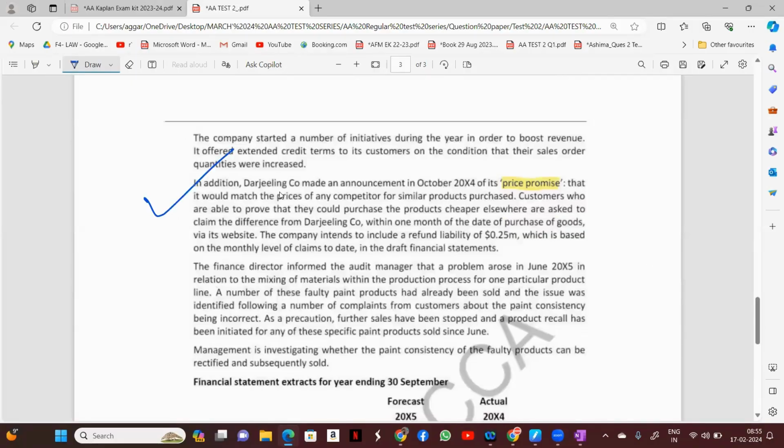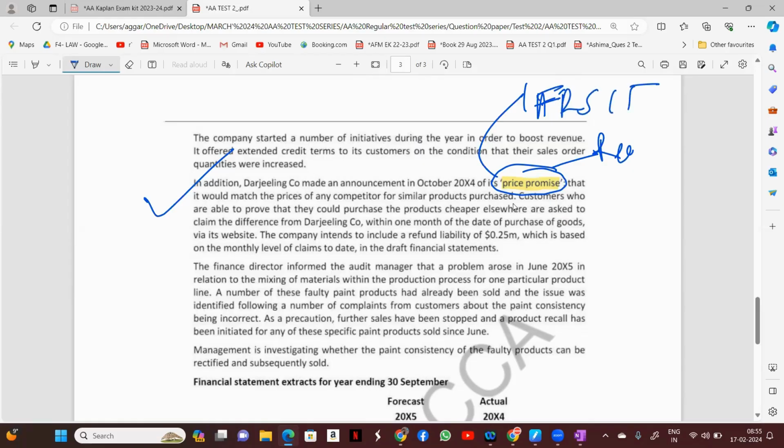In addition, the Darjeeling Company made an announcement in October 2004 of its price promise. So the price promise is related to your revenue, that it would match the prices of any competitor for similar products purchased. So this is basically your IFRS 15.